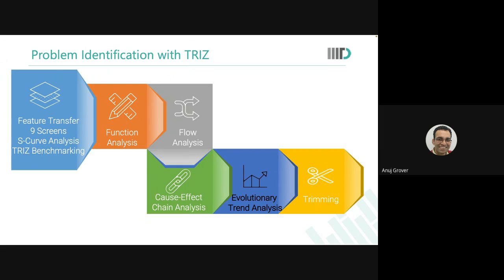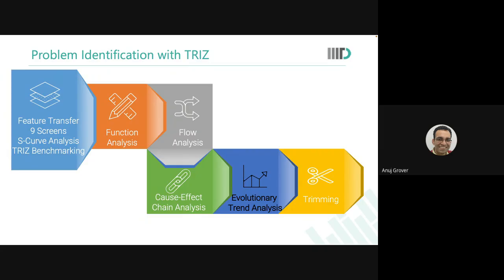It's something like 9 screens. When we did 9 screens, we saw, okay, historically, this was how it was done. Today, this is how it is done. And in the future, we have to now ideate and imagine how it will be done. So this also is something like that. And it can help you choose from various alternative solutions that you have, choose something which could be relevant in terms of time.